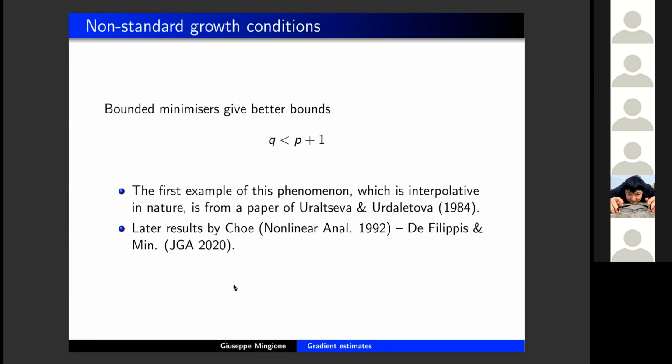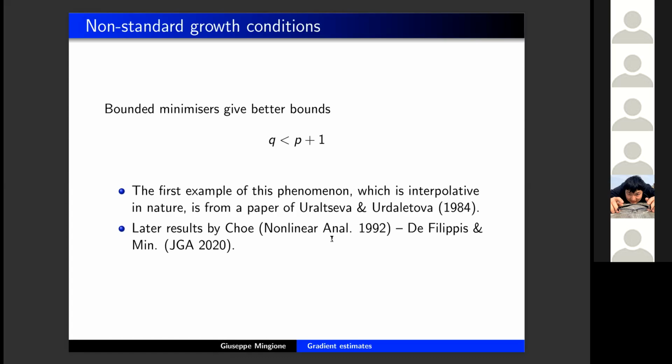Okay, you can do more. For instance, when minimizers are bounded, you can relax the bound on the gap, and you can make it independent of the dimension. For instance, this bound was first discovered by this pioneering paper of Ural'tseva and Ural'tseva.